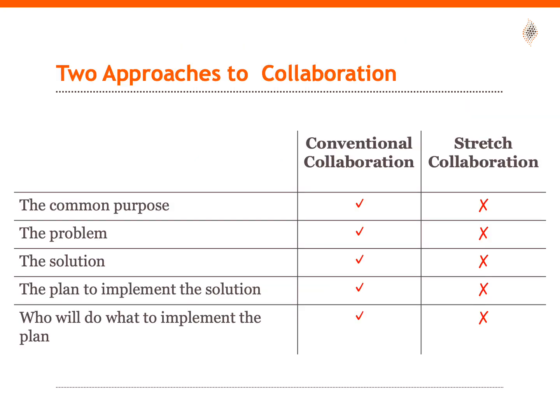So now I'm going to make a distinction between two types of collaboration. Now that we've said, right, we are going to approach convening a group of people in a particular system to solve a complex problem. In conventional collaboration, so when we, for example, bring people together for a seminar or a strat session or a big dialogue, often what happens is to find common purpose of that group.